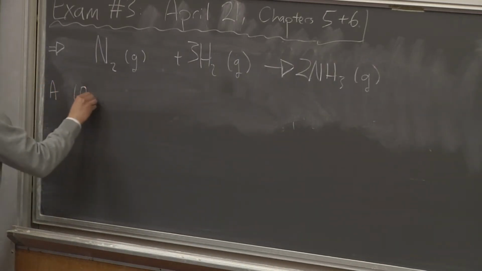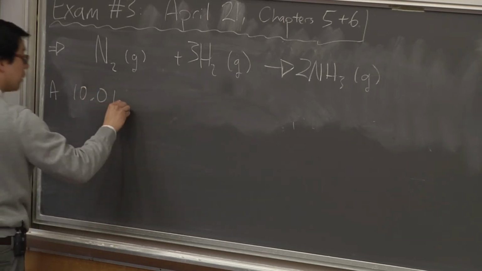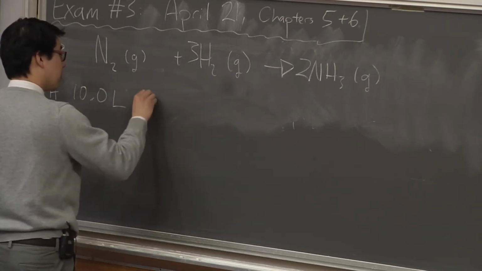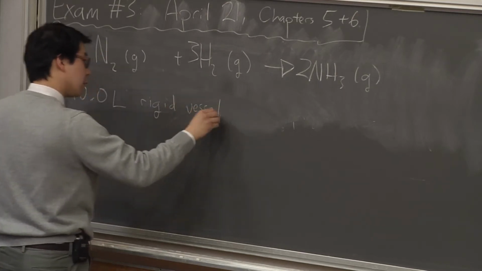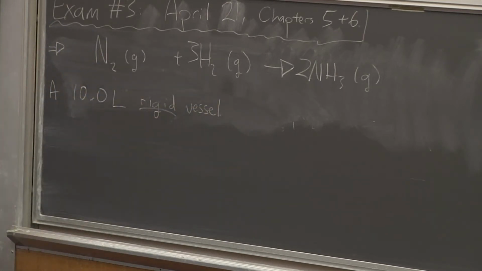A 10.0 liter rigid vessel. Rigid means the volume doesn't change.